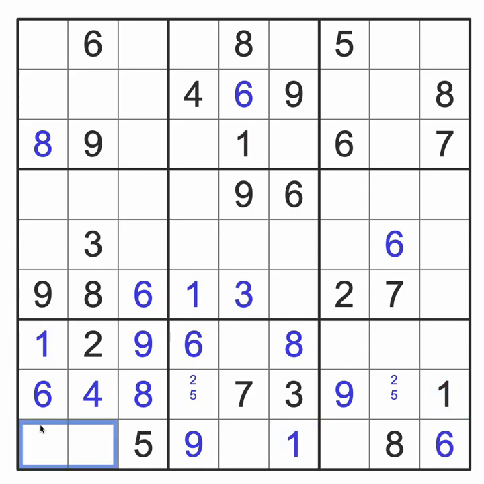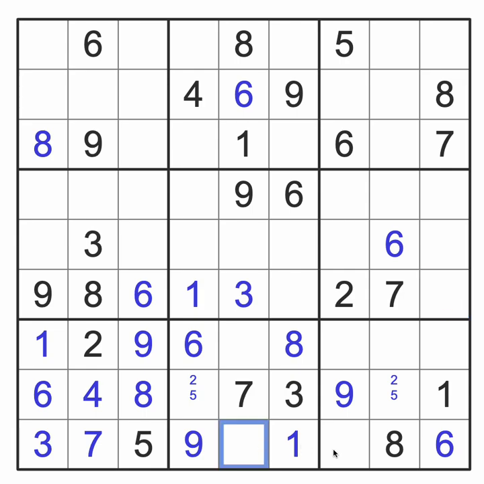And now back to box 7. These 2 cells are to be filled with 3 and 7. 3 is here. So this is 7 and this is 3. Okay, these are 4 and 5.